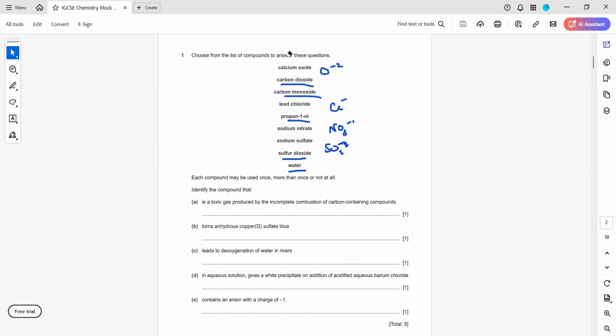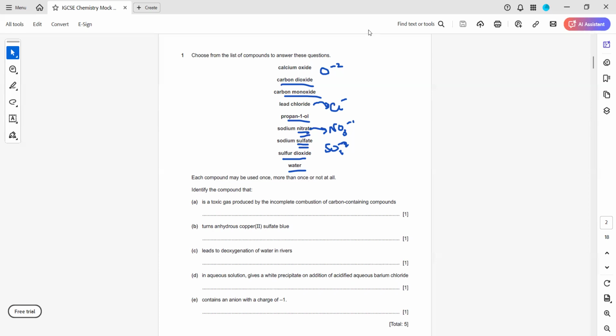So we want an anion with a charge of -1. Chloride is an anion with a charge of -1, and also sodium nitrate: nitrate is also an anion with a charge of -1.